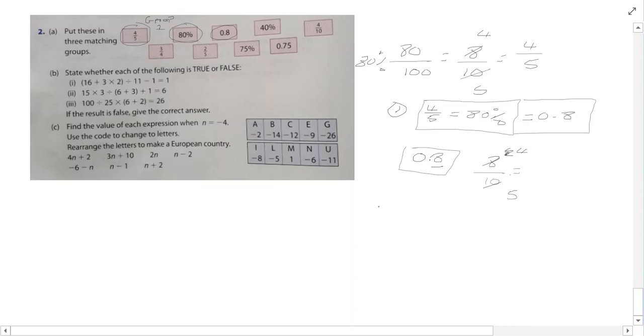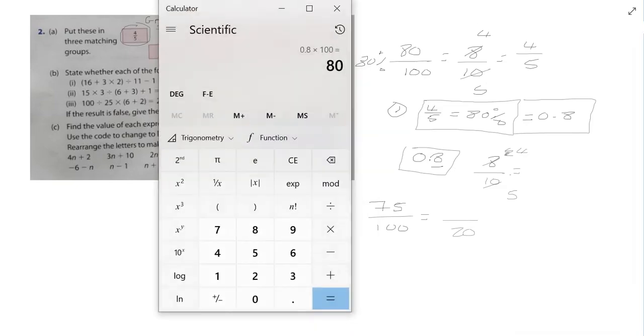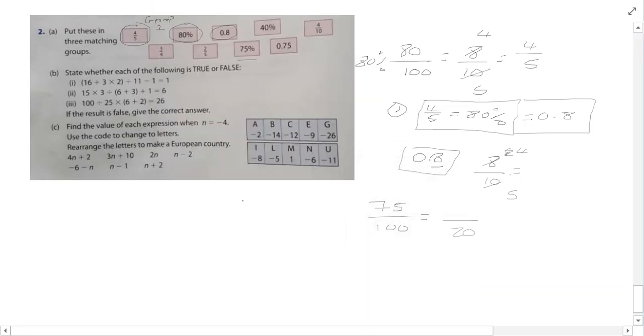Okay, so then let's have a look at 75%. If we take 75%, we convert that into a fraction. 75 as a fraction is going to be 75 over 100. Can we simplify that any more? We know that 5 will divide into 75 and 5 will divide into 100. 5 will divide into 100 20 times, and 75 divided by 5 is equal to 15.